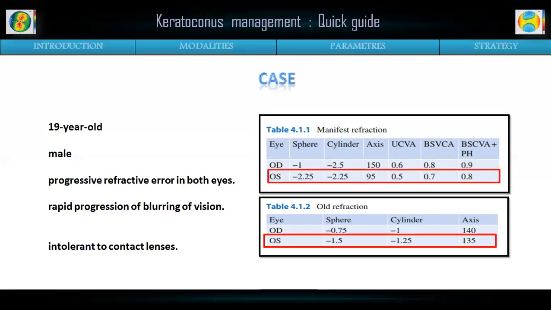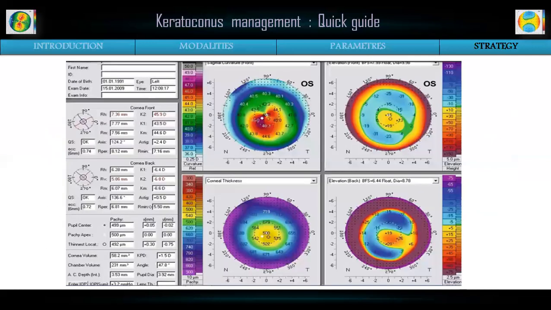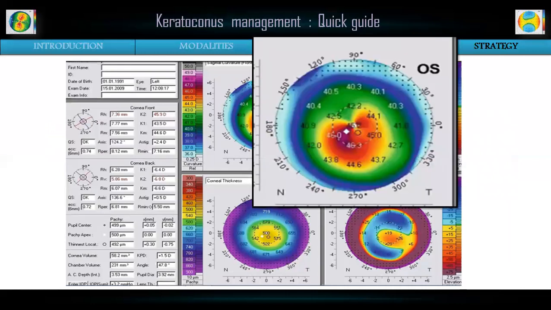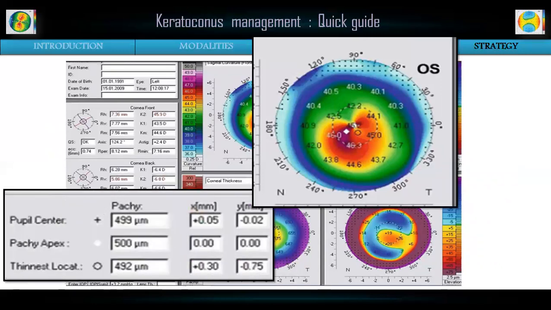Where we take the left eye, and we see that there is a difference in the sphere and cylinder. And this is the topography of the patient. We have Kmax 47 diopters, and the thinnest location is 492 microns.